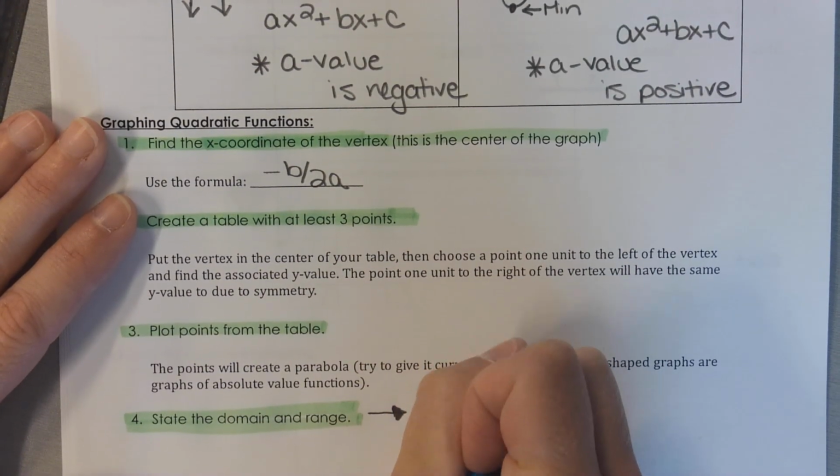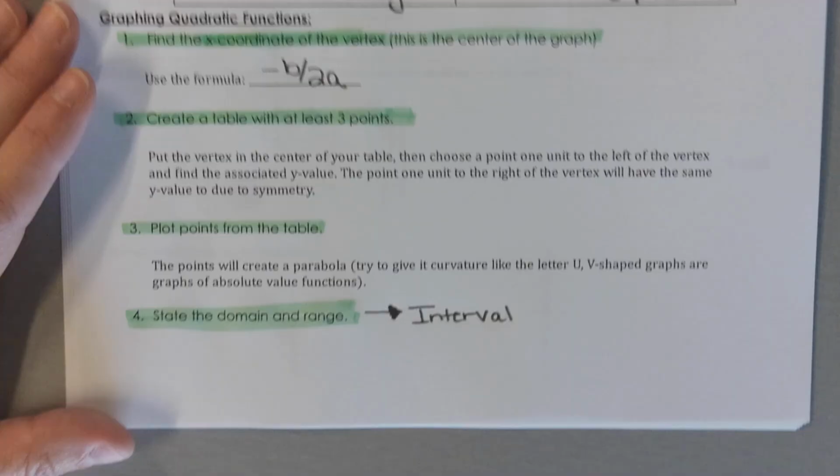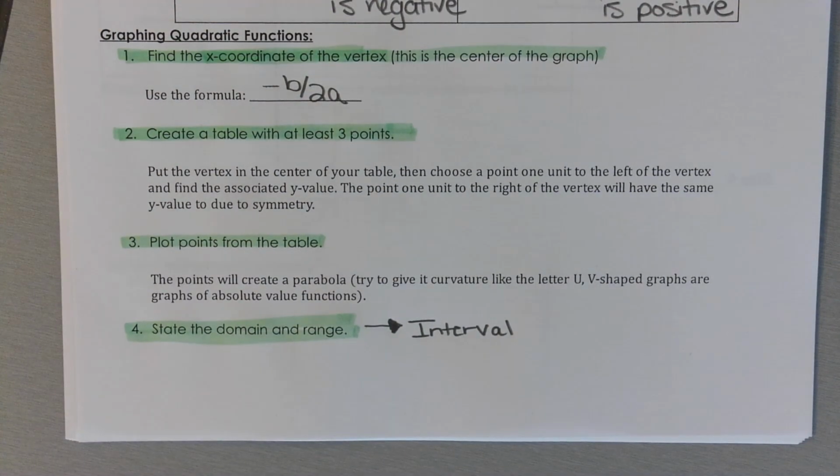Number 1, because it's nice to have consistency. Number 2, because you use interval notation more often in upper level math, pre-cal, calculus, and beyond. So I'd rather have us focus a little more on that. Those are our steps to help us graph.